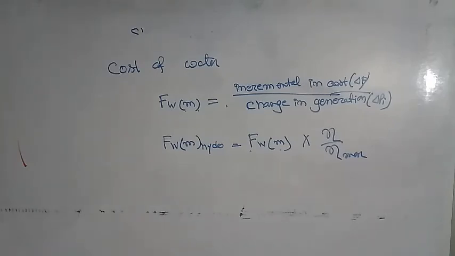Now mu j is the incremental water cost. If mu j into delta Q equals lambda j into delta P, then mu j is equal to lambda j into delta P by delta Q, in units of cost per meter cube.